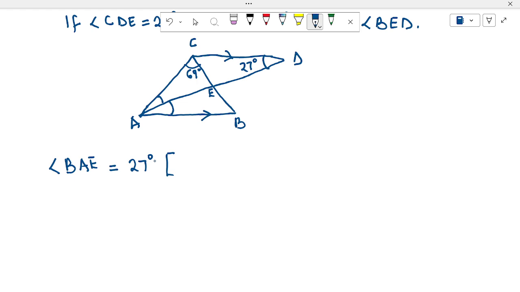Why is it equal to 27 degrees? Look, we have alternate angles. Alternate angles are Z angles. This line is parallel to this line. Look at that angle, this and this. Z angles are alternate angles.